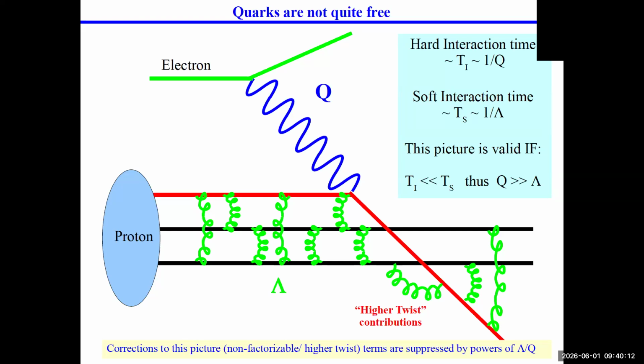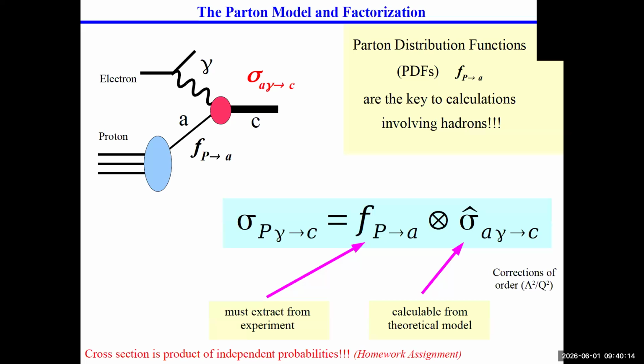That's one of the fundamental assumptions of the parton model that allows us to write the cross-section as an independent probability of finding parton A in the proton, and then parton A participates in whatever hard interaction. We write that as a convolution, because that's an independent set of probabilities. And I'll have a homework on the next slide. For example, coin flips are independent, no matter what the general public says, and you can write coin flips as a convolution like that.